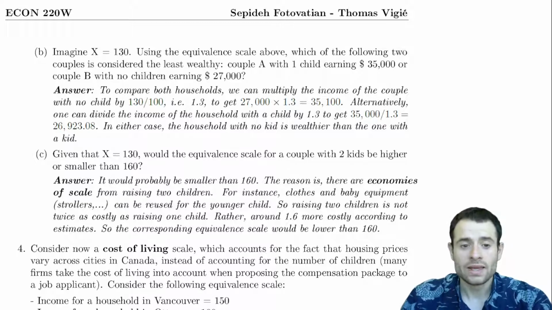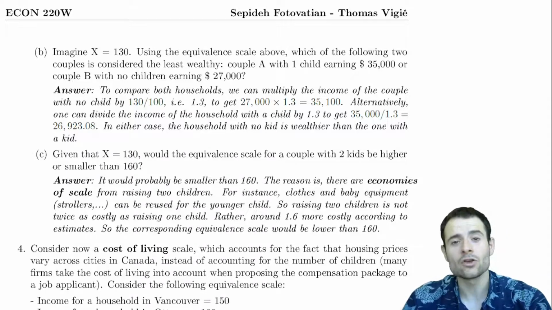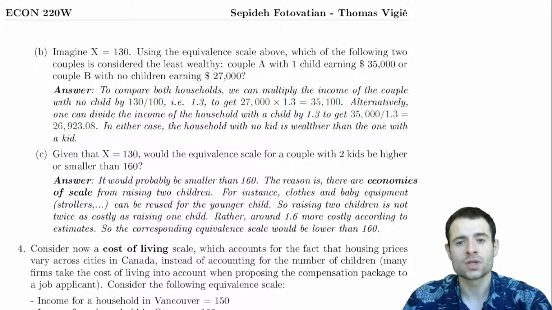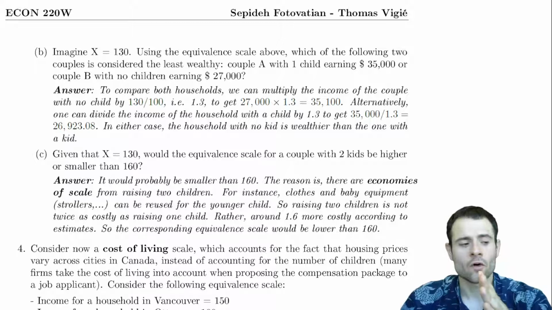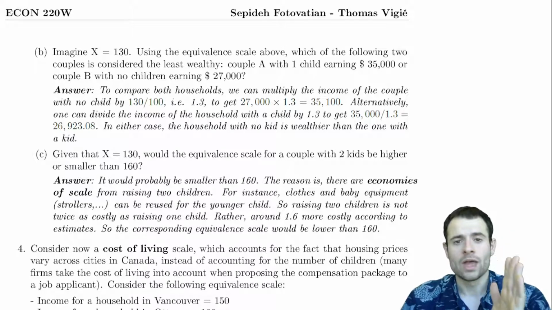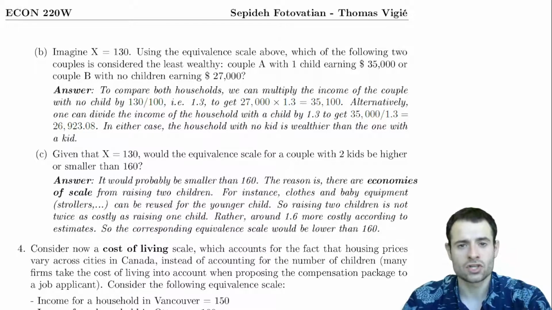Now, given that X is equal to 130, would the equivalent scale for a couple with 2 kids be higher or smaller than 160? Why 160 first of all? Because we started at 100 for a couple with no child. Then we added 30 to reflect the cost of raising a child.